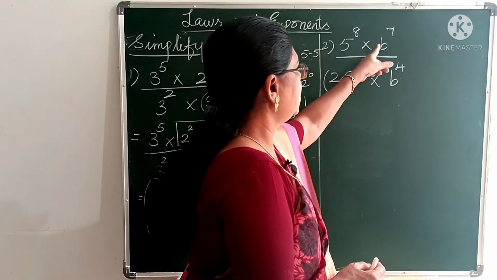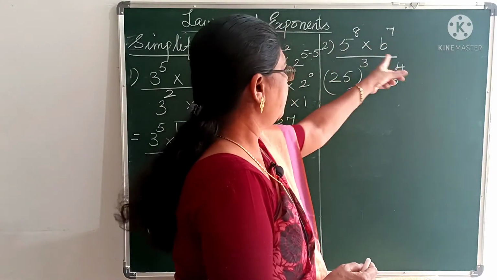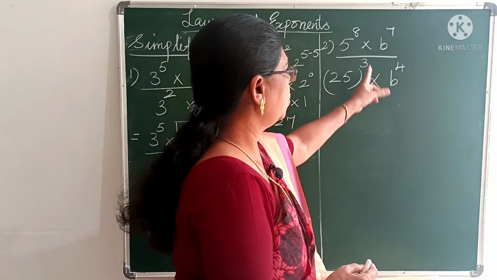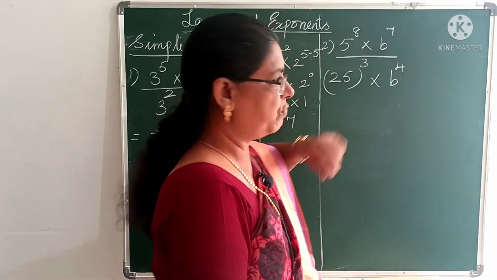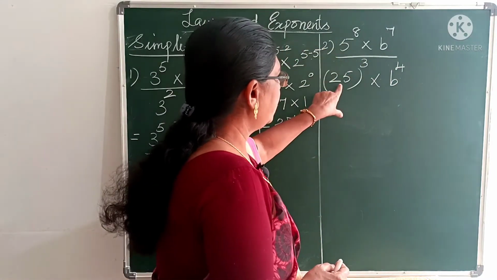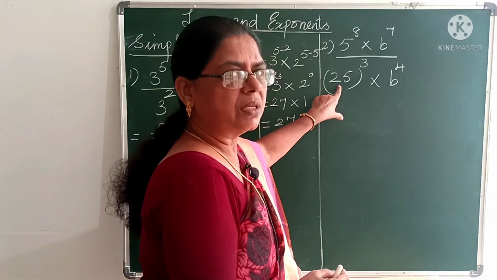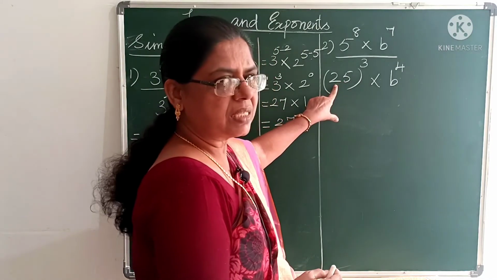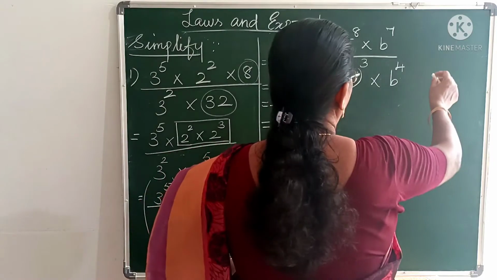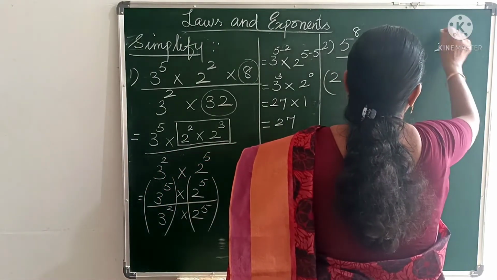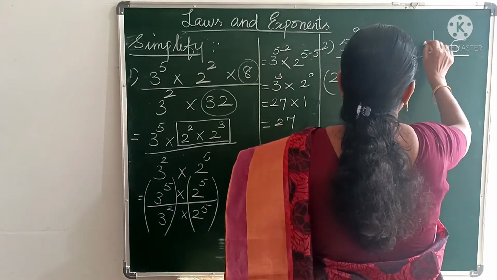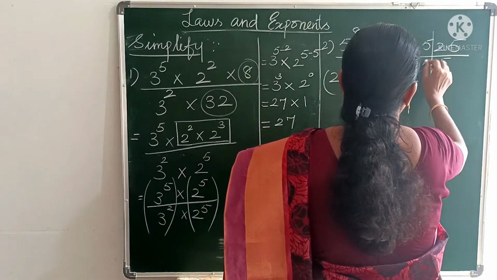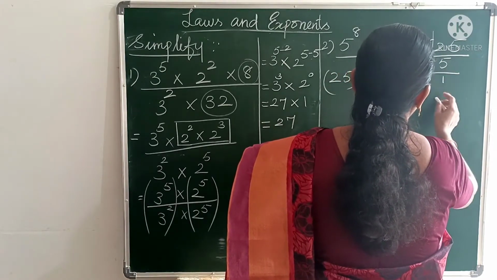5 power 8 into b power 7 divided by 25 cube into b power 4. Here 25 we can factorize it. 25 is divisible by 5. 5 is divisible by 5.